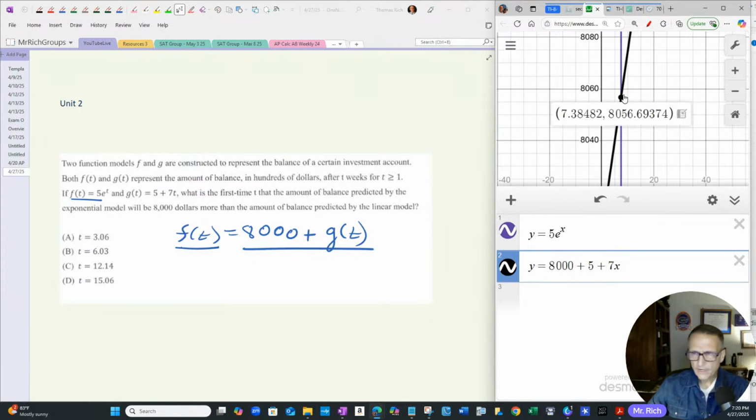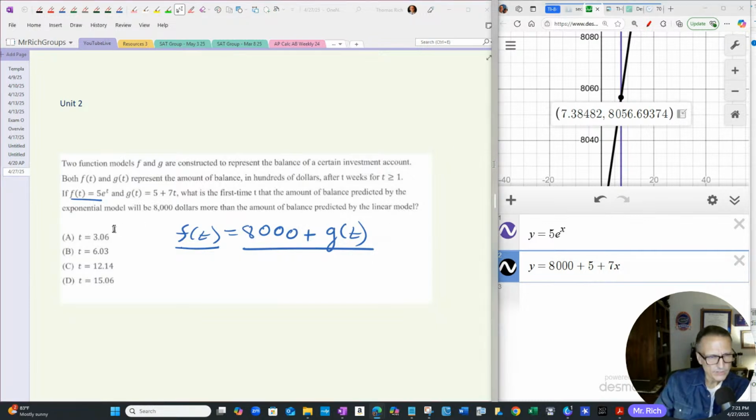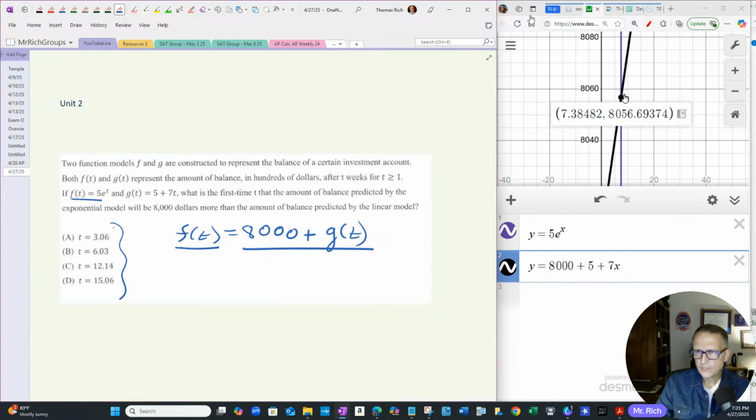All right. And the answer that I have is, let's make sure I've got that in there right. What is the first time t that the amount of balance predicted by the exponential model will be 8,000 more than the linear? I've got it in there right, and it looks like this is 7.38482, and I don't see an answer over here that matches this.